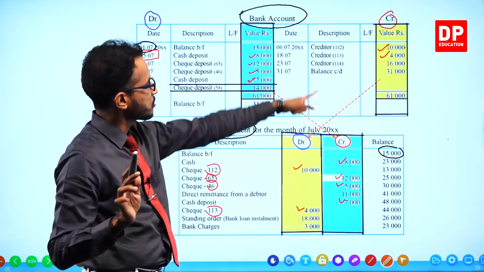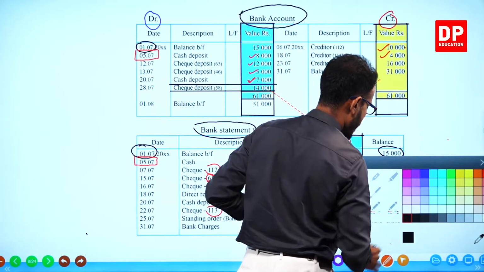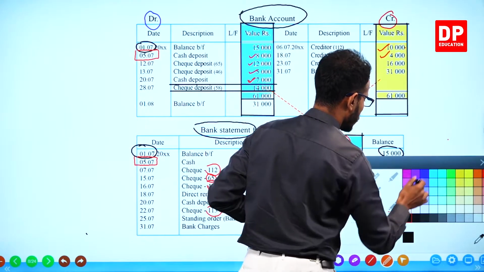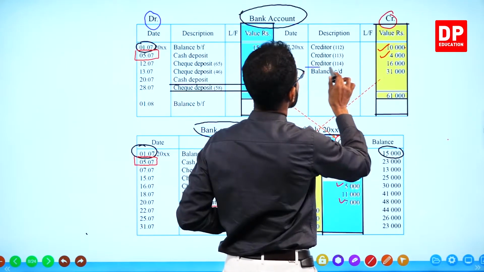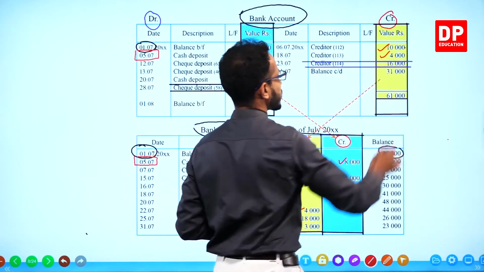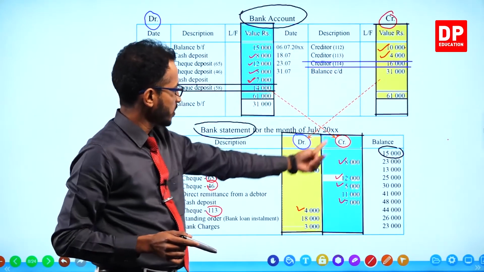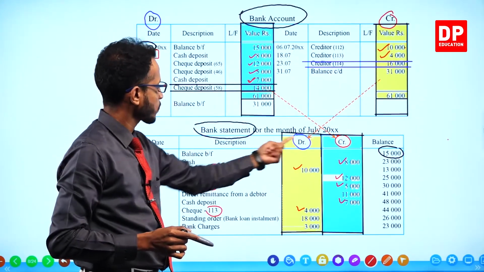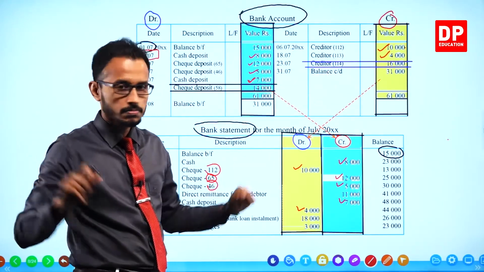So that is the item which is missing in the credit side. Let's use what color? Whatever the color, it doesn't matter. Let's underline it. Or box it so it cannot escape. Okay. 16,000 is missing in the statement. That's why we boxed it. Done.